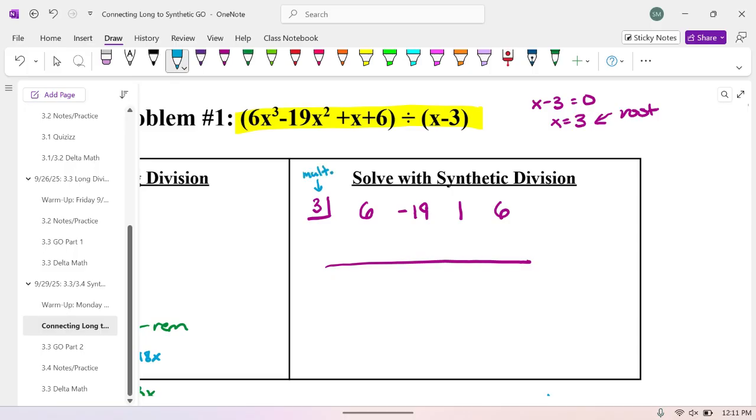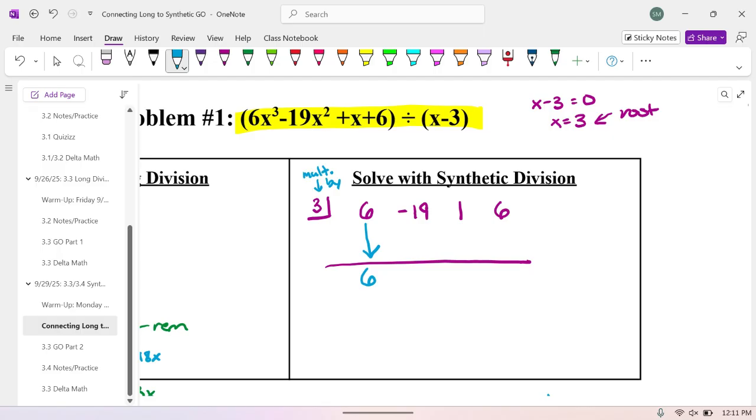This is always what you're going to multiply by. That's why the root's pretty important. My first step is I need something to multiply the 3 to, so I'm going to drop the 6 below the line. The numbers below the line are the numbers you're going to be multiplying.